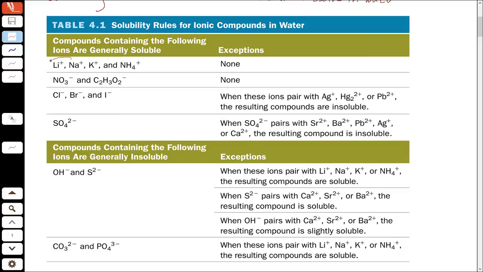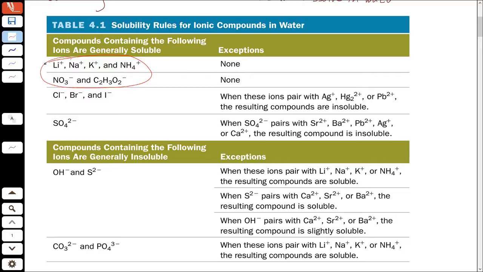If you know those two rows, that's going to solve a lot of your problems because they don't have exceptions. So anytime you see an ionic compound made with lithium, sodium, potassium, ammonium, nitrate, or acetate, you know that compound is going to be soluble.